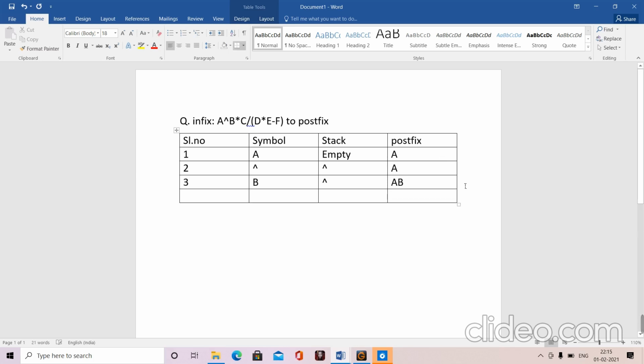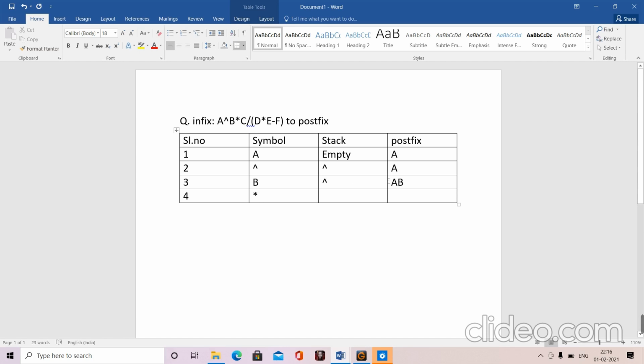Again, the next step, the fourth. When this symbol arrives, it is compared with the exponential. Exponential has the highest priority, so this multiplication symbol is compared with the exponential, and the exponential, having higher priority, will be popped and added to the postfix.